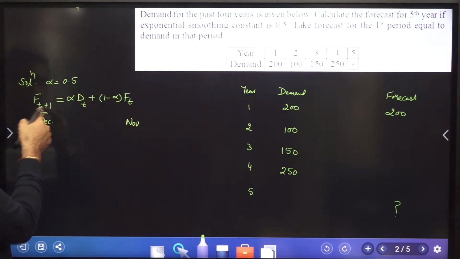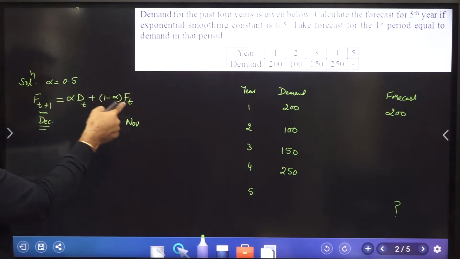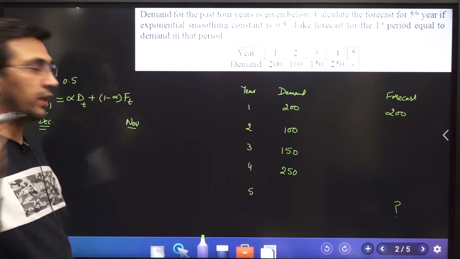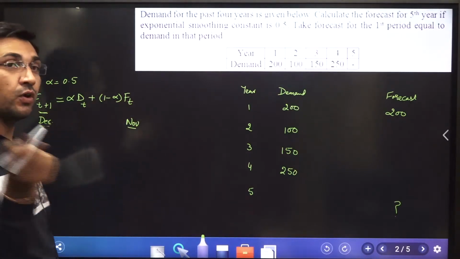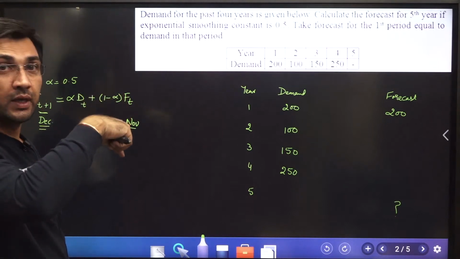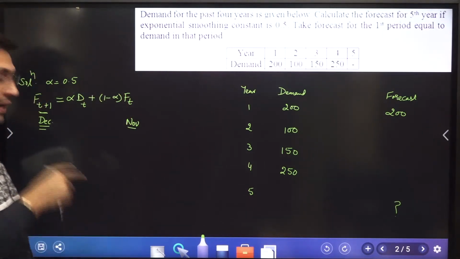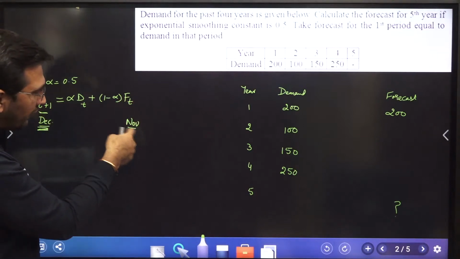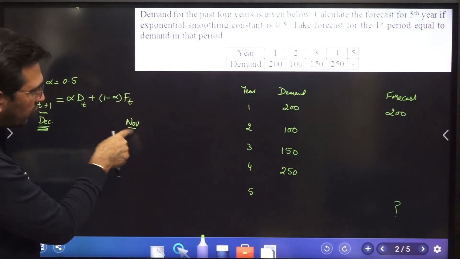So t+1 is December, then F(t) means November. You need to know how much you had forecasted for the month of November, and for the month of November you may have forecasted at the end of October. Like at the end of November I am forecasting for December, same way you may have forecasted at the end of October for the month of November.